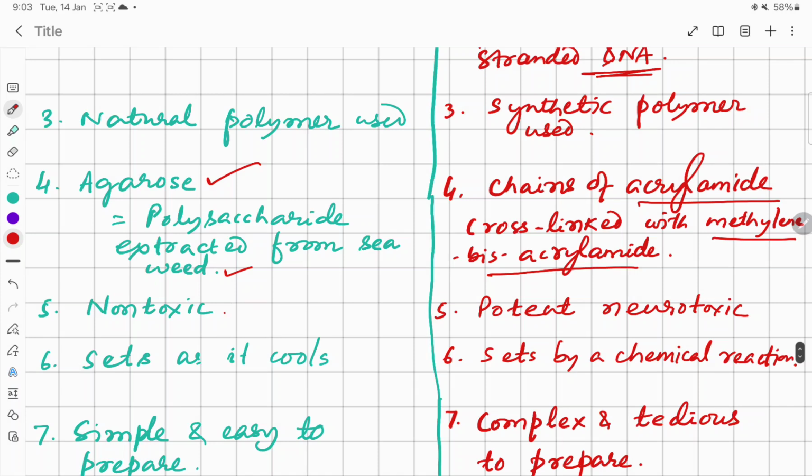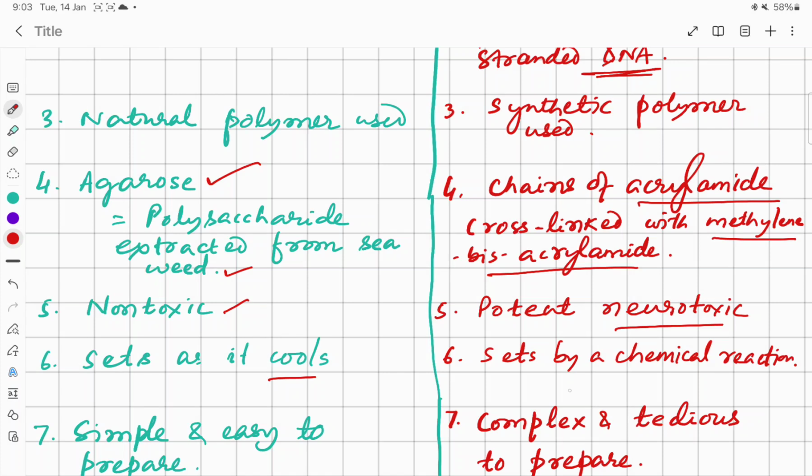Agarose is non-toxic, whereas polyacrylamide is a potent neurotoxin. How is it set? Agarose sets as it cools. For that we need to heat the mixture of agarose and buffer, then cool it so it will set.